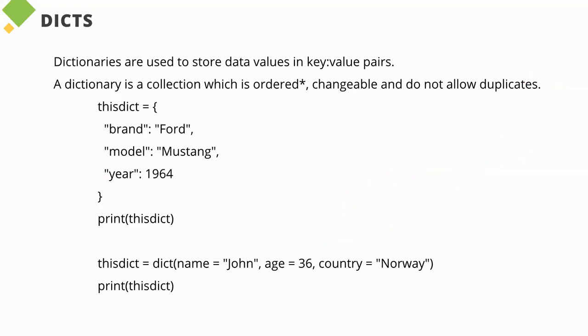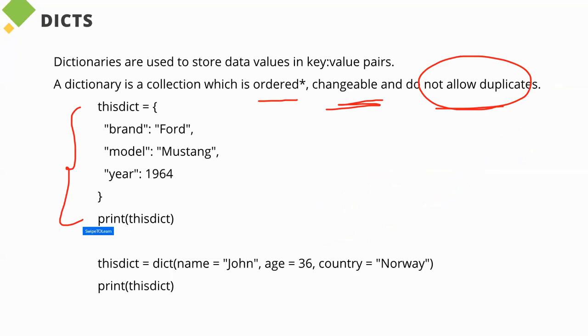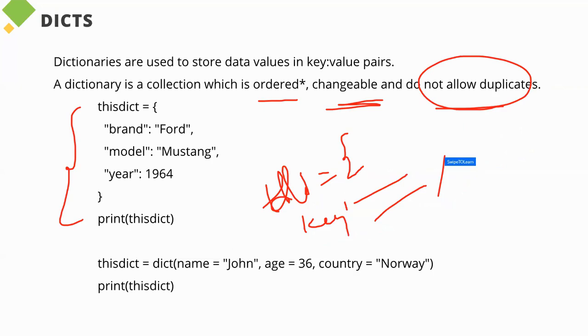It is used to store key-value pairs. This is ordered, we can access them by index, and it is changeable. We can modify them and it doesn't allow duplicates. So this is the dictionary syntax. It is like a dict, enclosed with braces, and key colon value comma key colon value. This is the syntax. You can also create one by using the keyword dict.